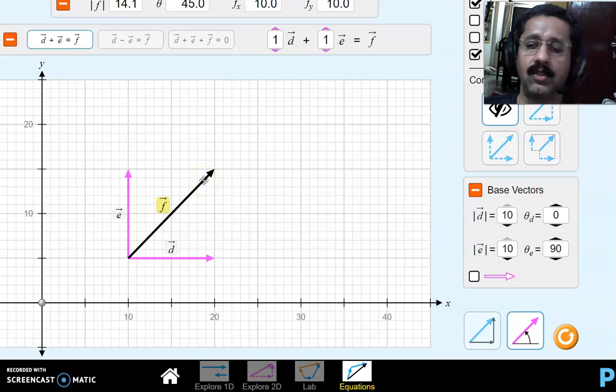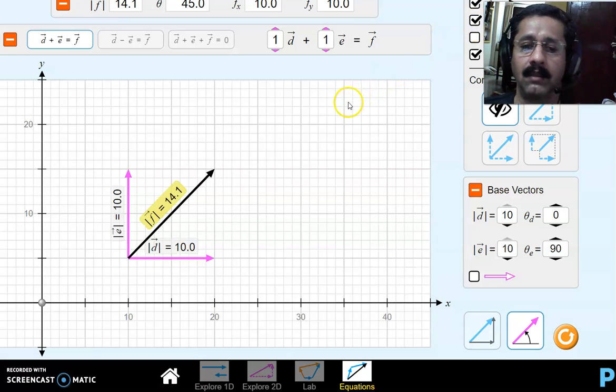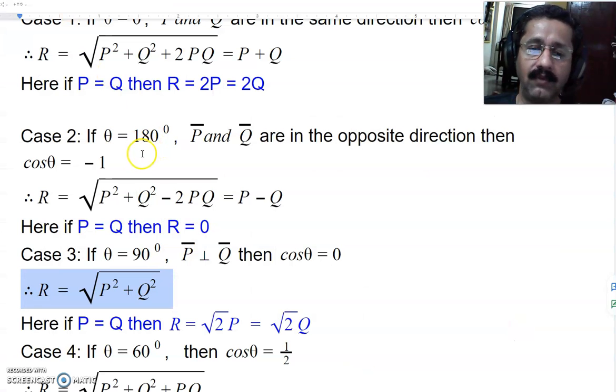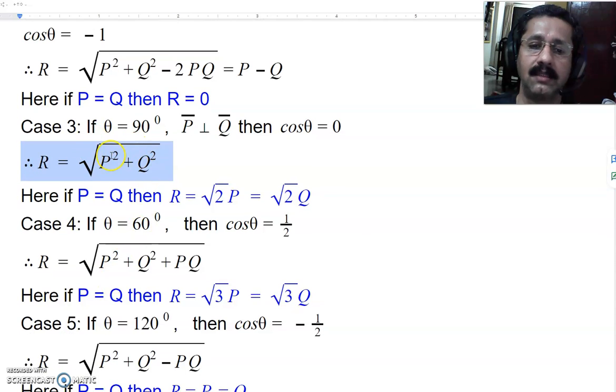This magnitude has to be 10 root 2, which will approximately turn out to be 14.14. So this diagram is showing 14.1, so it is very much alright. That is how you can understand that whenever P and Q are perpendicular, R is equal to root of P squared plus Q squared, as you can see here.